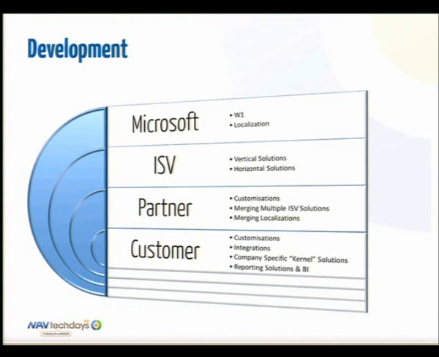If you look at larger companies, they might be building kernel solutions that they roll out in different countries or in different departments. And customers also have a big requirement for reporting solutions and BI. So everyone in this list is developing in Dynamics NAV, but every company has generic requirements and specific requirements when it comes to development.